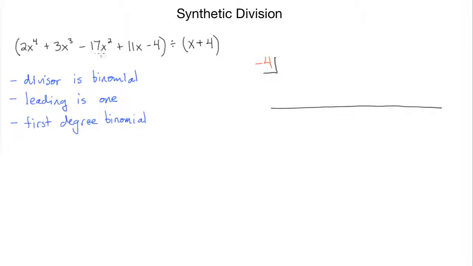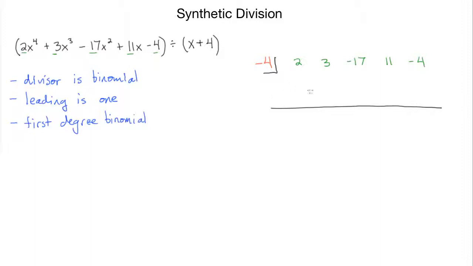Along the top, I'm going to put the coefficients: 2, 3, negative 17, 11, and negative 4. All right, here we go.